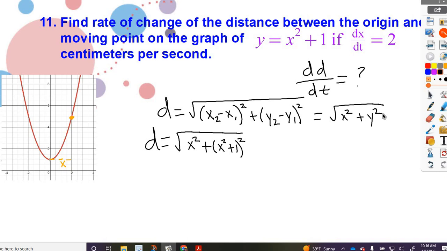So let's go ahead and simplify this guy a little bit. What is x squared plus 1 squared? Plus 1, right? So then what do we want to do with that?